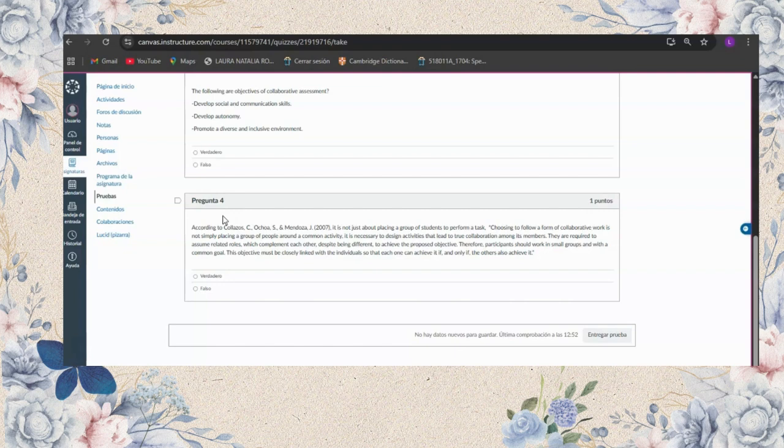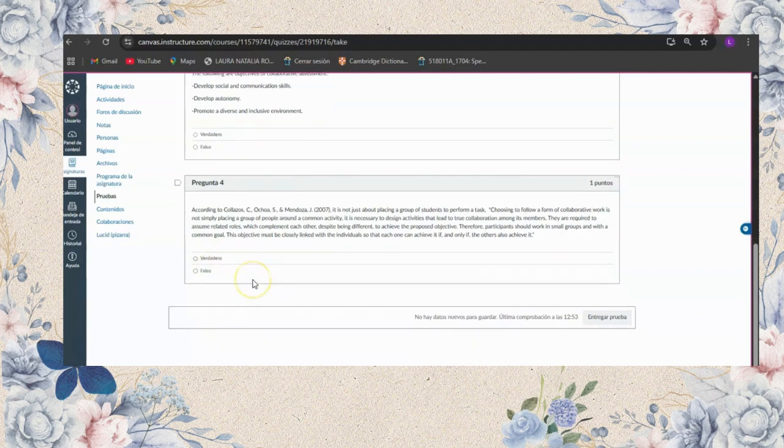This objective must be closely linked with the individual so that each one can achieve it if and only if the others also achieve it. This sentence is true or false?